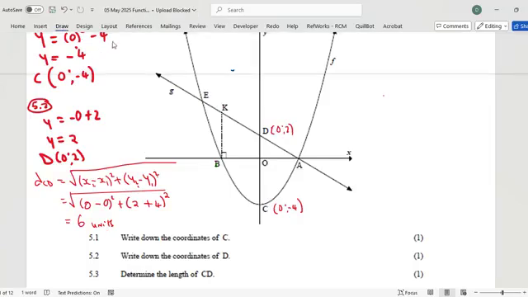I know what to do here. I know the distance from O to D. What is the distance from O to D? 2 units. Thank you. Remember, distance we usually represent with a positive number. So what is the distance from O to C?